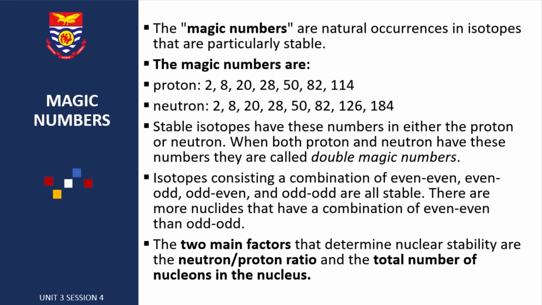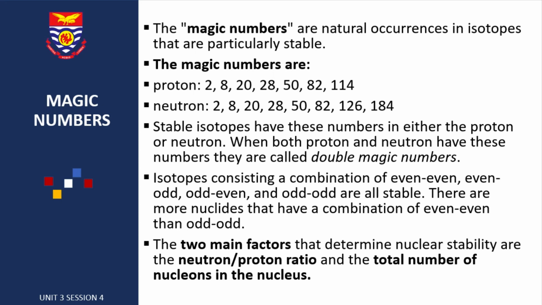When there is an atom that has a proton number of 2, 8, 20, 28, 50, 82, and 114, or neutron number of 2, 8, 20, 28, 50, 82, 126, and 118, these numbers usually account for stability, and so they are referred to as magic numbers because their presence makes the nuclei stable.